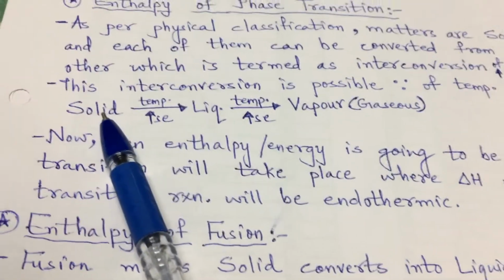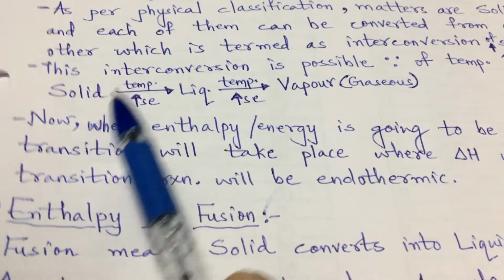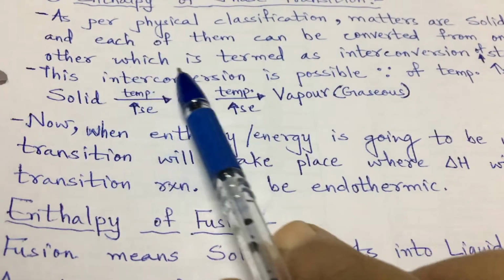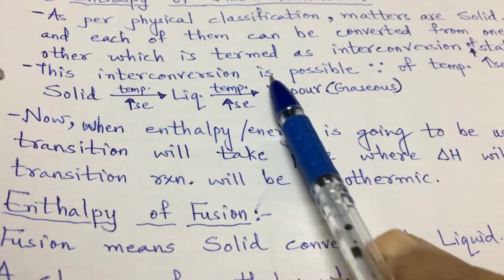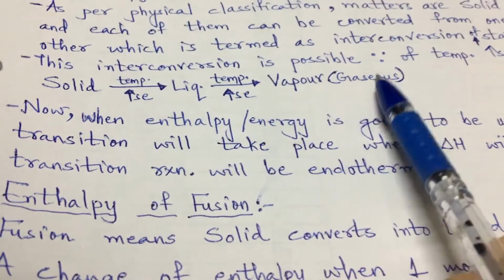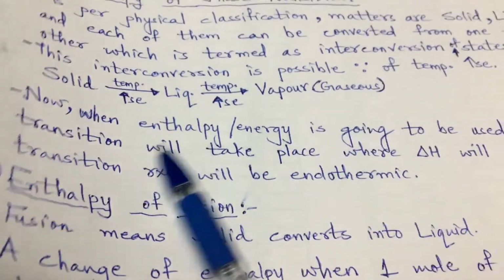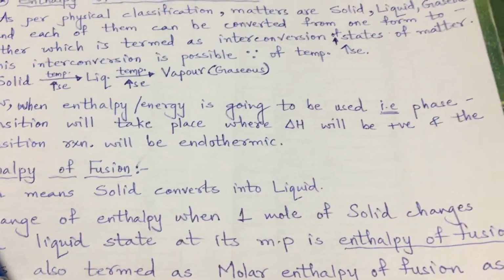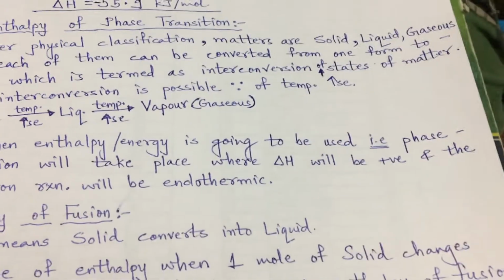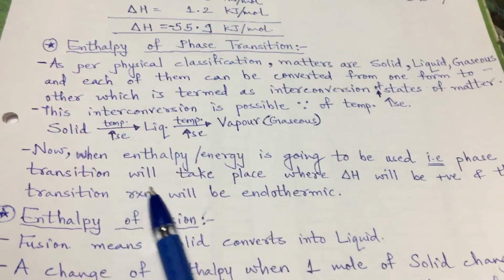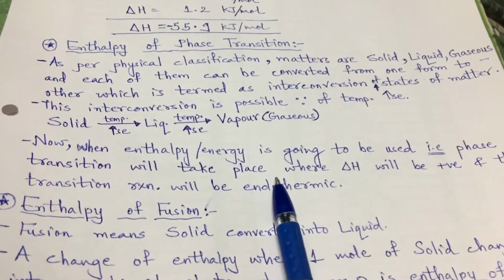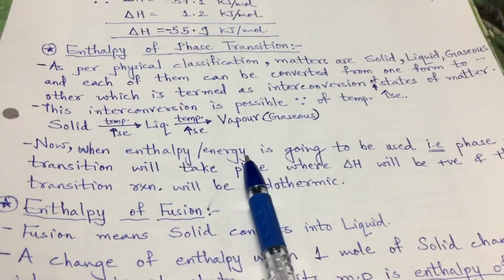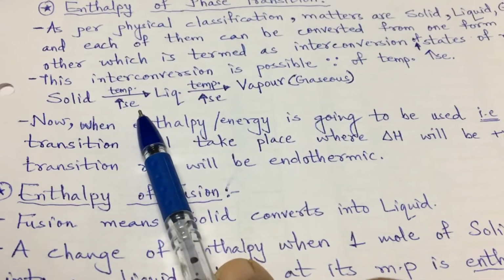See here, a generalization we all know: if a solid is given heat, or an increase in temperature takes place, the solid will convert to liquid, and if the temperature increases further, the liquid converts to vapor, that is the gaseous form. So when an enthalpy or energy change takes place, a phase transition will definitely take place. Here, when we say enthalpy change or energy change, it is because of the temperature.